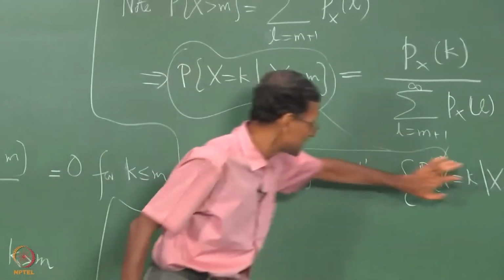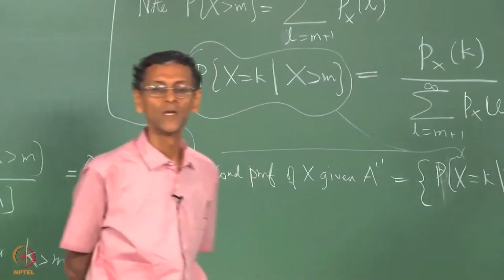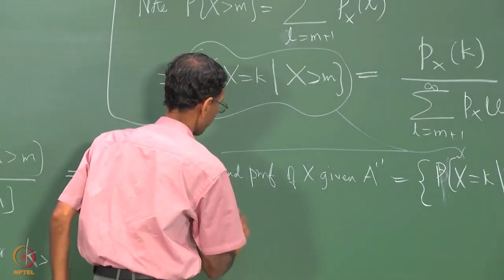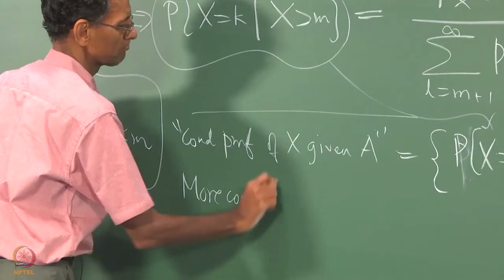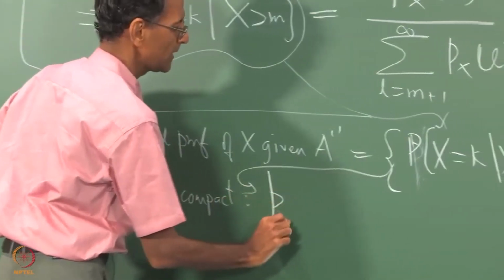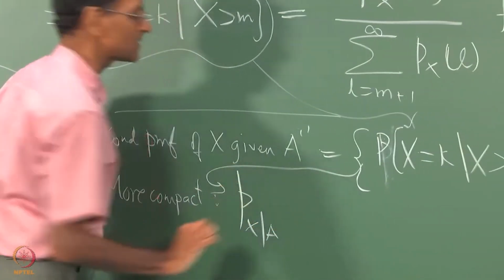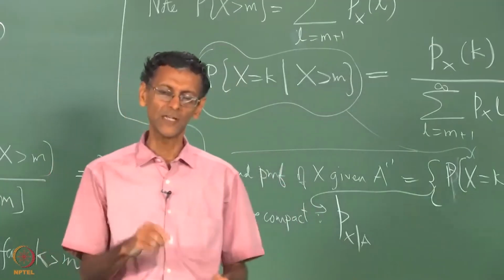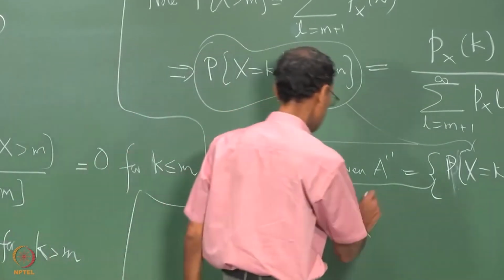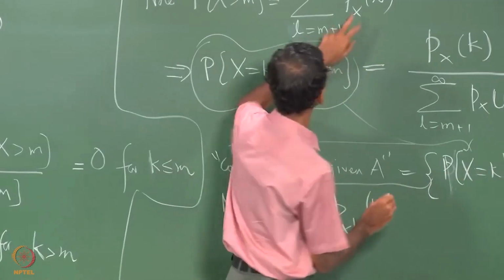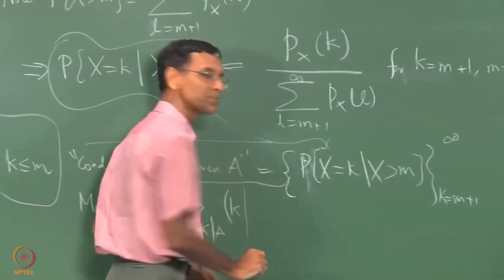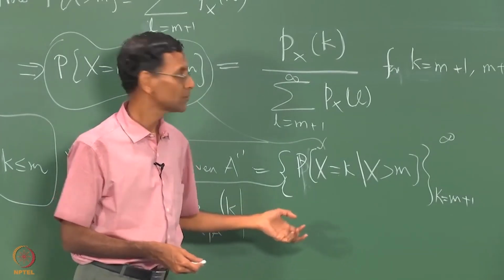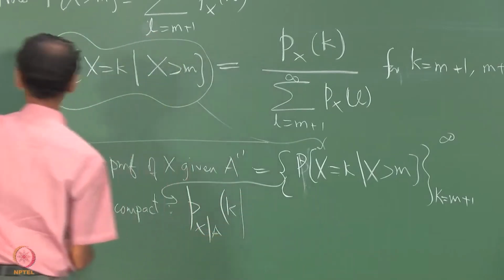But we need some more compact notation. The more compact notation that we will use in this course is, for this you write it as small p of x given A, written as a subscript, x vertical bar A, then you put the argument k just like you had this L out here, and then optionally you can indicate the event, which is useful to do because you do not know what the event A is unless you go and look at the context.